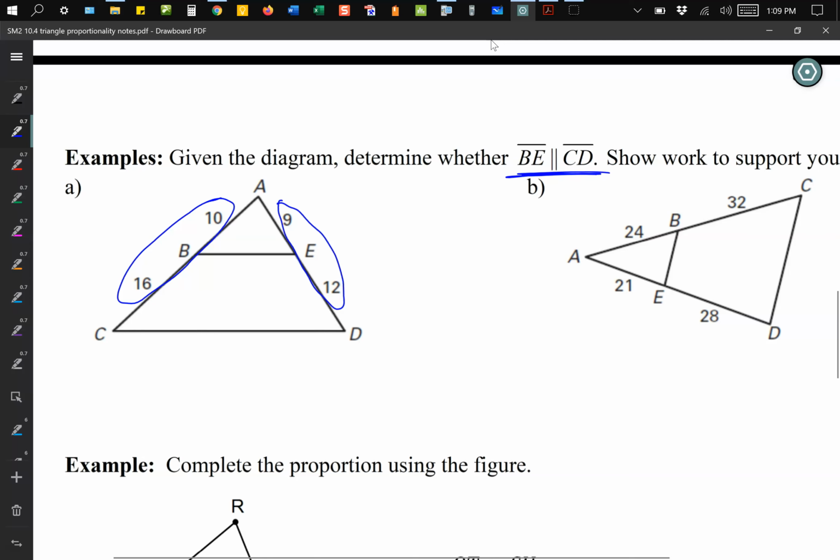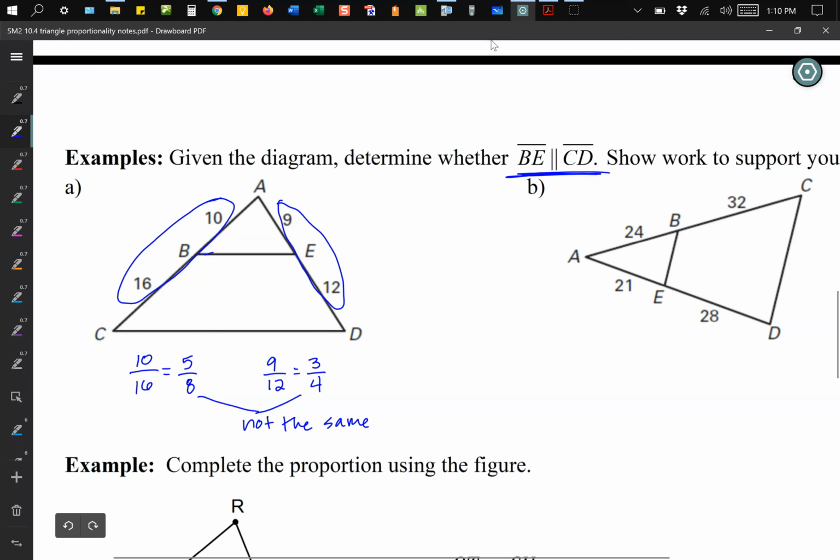So in this one, I have 10 over 16. That reduces to 5/8. And 9 over 12, divide by 3, divide by 3, that gives you 3/4. Those are not the same.